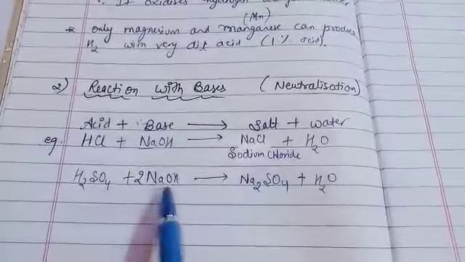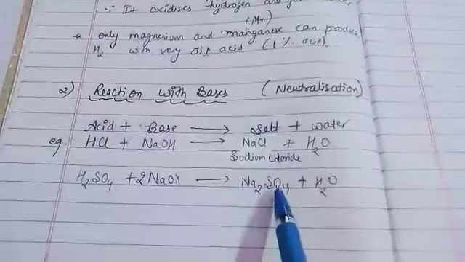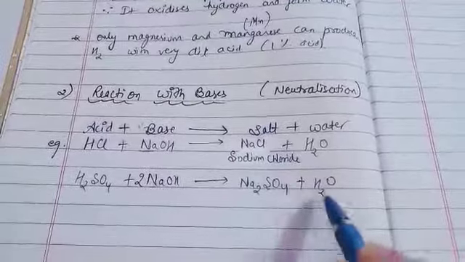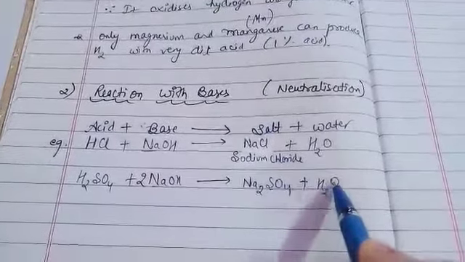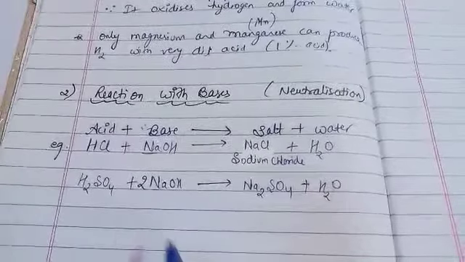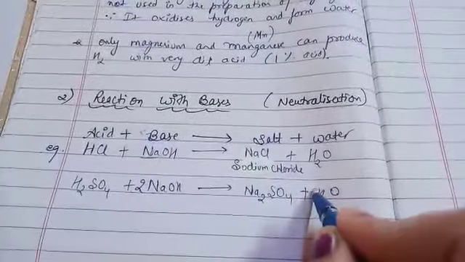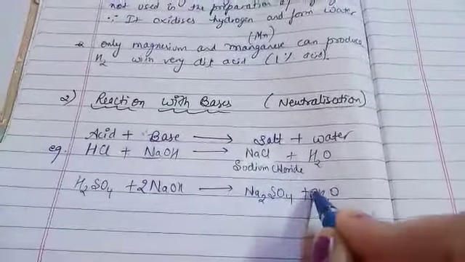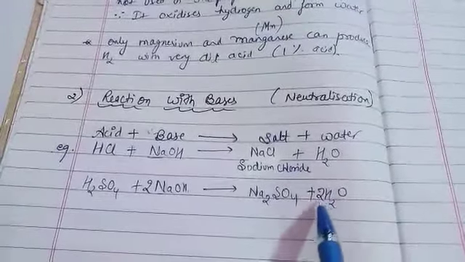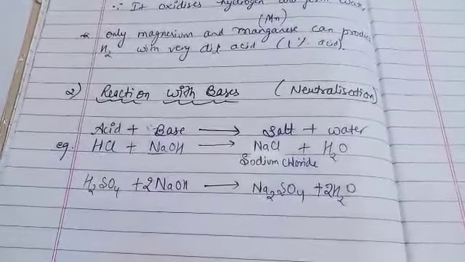Now oxygen: here it is 4 plus 2, that is 6, and here it is 4, so you have to multiply this. Now again check hydrogen. Here it is 4 and here also 4, so it means your reaction is balanced.